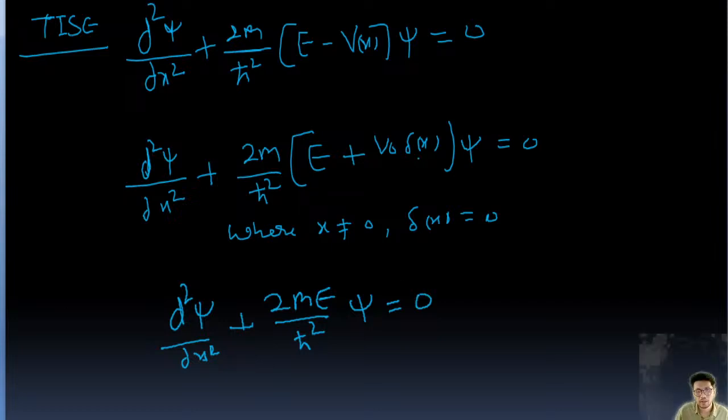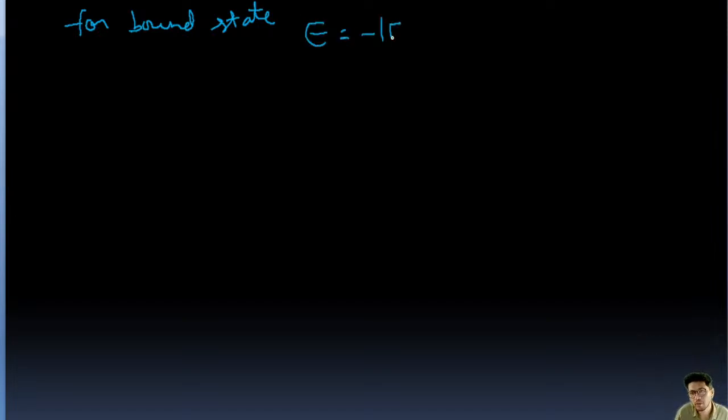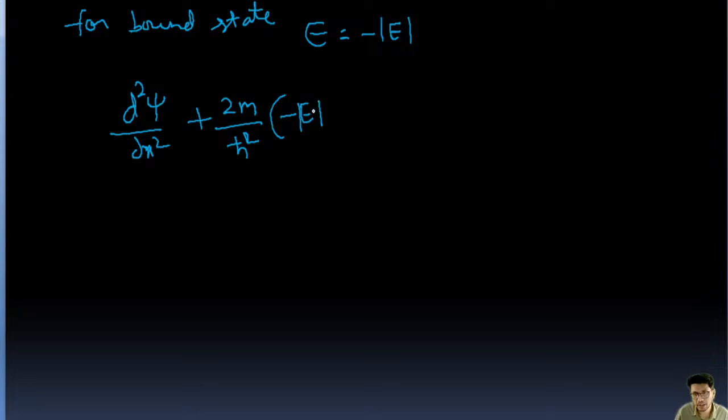Now for bound state, we know energy E is minus mod E. So we'll replace E by minus mod E. It is going to be d square psi upon dx square plus 2m upon h cut square times minus mod E, psi equal to 0.